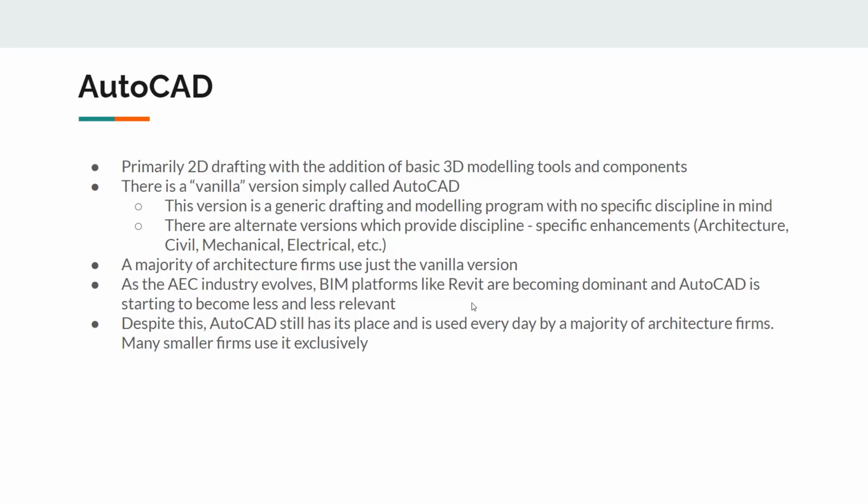AutoCAD is a much more manual program. You have to do a lot of things more manually, whereas in Revit, a lot of things are done for you automatically. Now that might make AutoCAD sound like a bad choice to use, but actually AutoCAD has its place in the industry still. In some ways it's outdated, in some ways it's a lot simpler than newer tools, and because of that there's a lot more flexibility that comes with it.